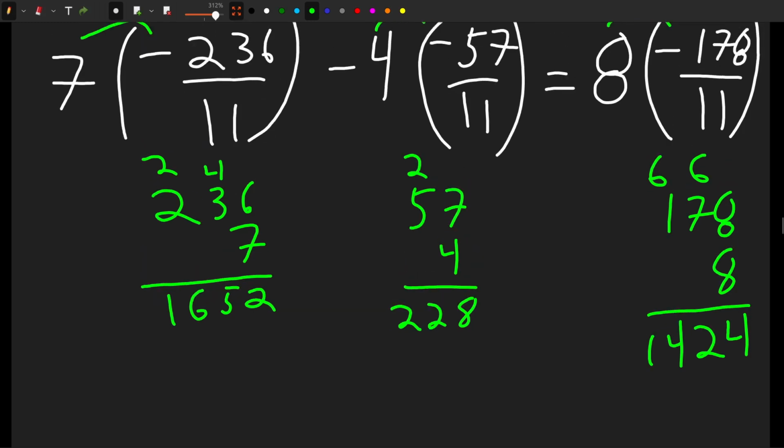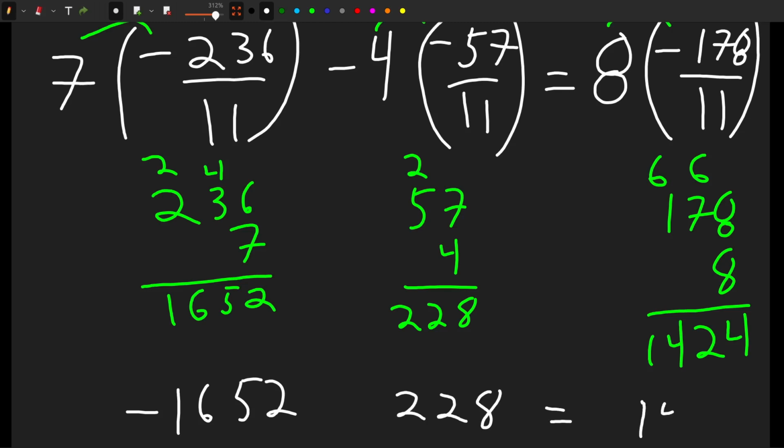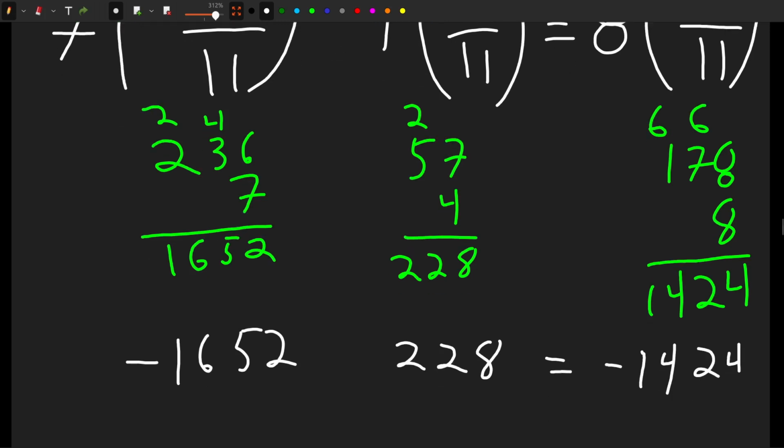Keeping in mind the signs I have, I'm going to have negative 1652, positive 228, and I'm going to have this equal to a negative 1424. And all of these are over 11.